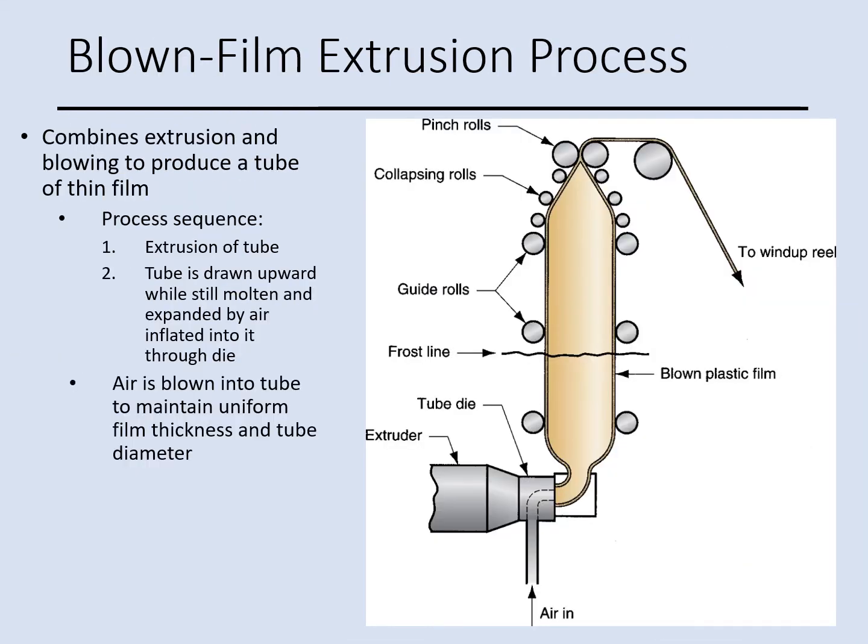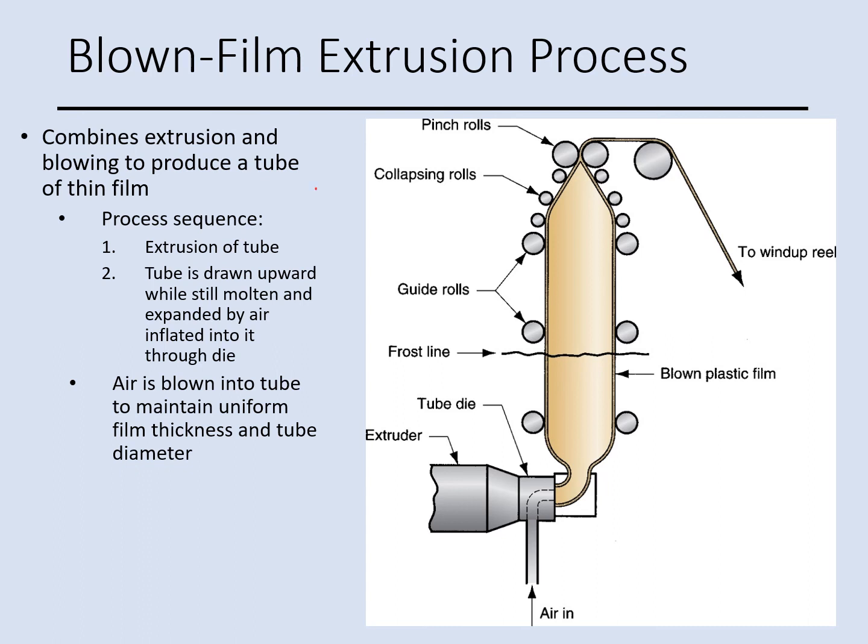The next process is called blown film extrusion process. It's a complex process. It combines extrusion and blowing to produce a tube of thin film, and it is mostly used for making thin polyethylene film for packaging purposes.